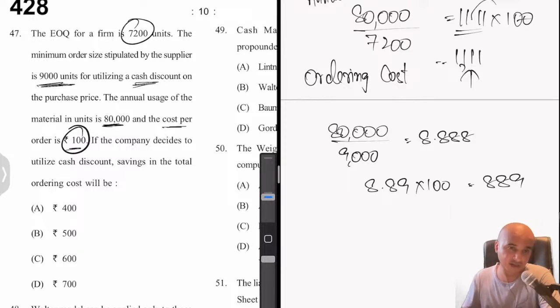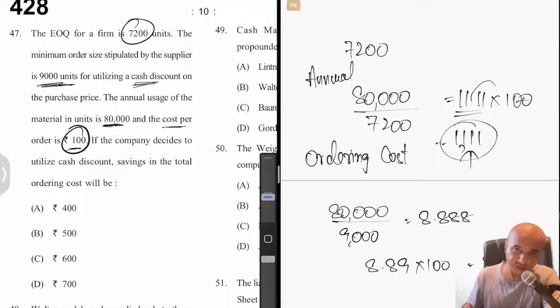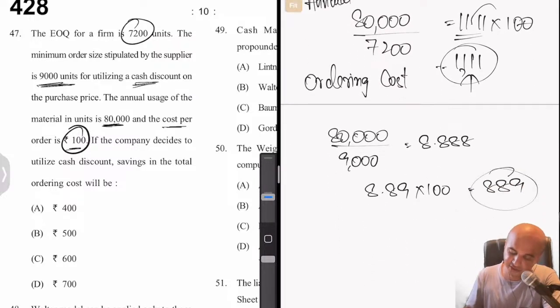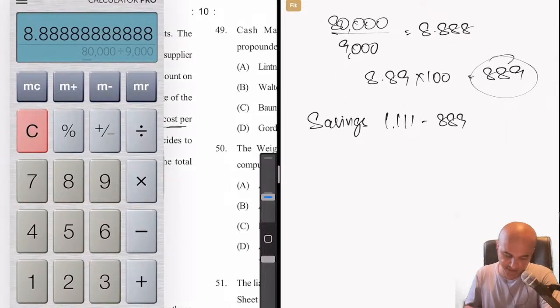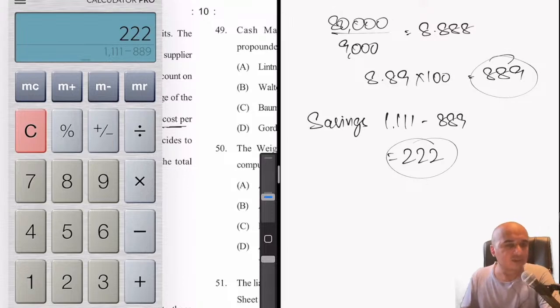So without cash discount it is 1111, with cash discount it is 889. The savings in this case would be 1111 minus 889, which is 222. So that would be the savings.